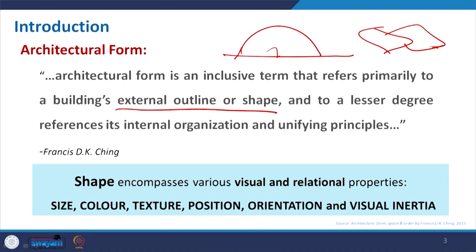But when we discuss the form, it is basically the overall shape being created and the outline. But sometimes we also observe the internal form. I have given one example of the Pantheon, where it is looking very beautiful from the inside, your domical form that we have seen.